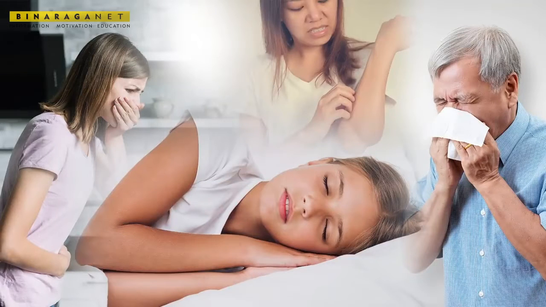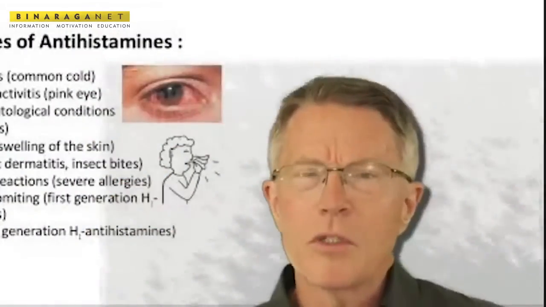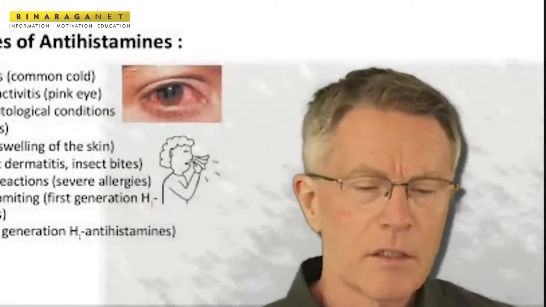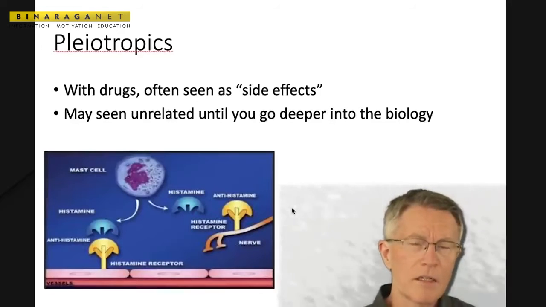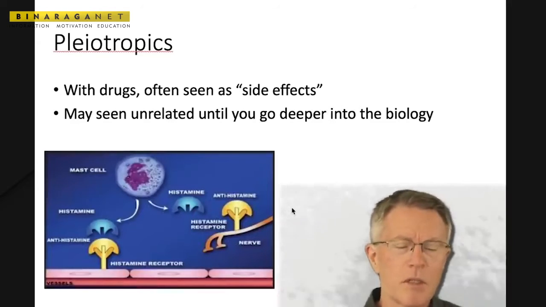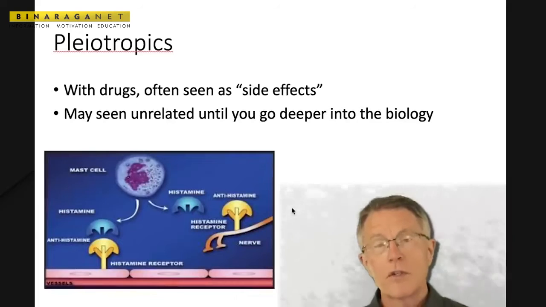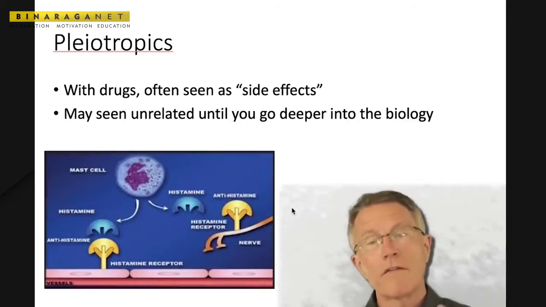It's taken for anti-allergy, of course, the most common use. It's also taken for anti-itching. So, again, multiple uses for that antihistamine, which may seem unrelated until you begin to understand things a little bit better. Well, with drugs, we often call these pleiotropic effects, quote, side effects.